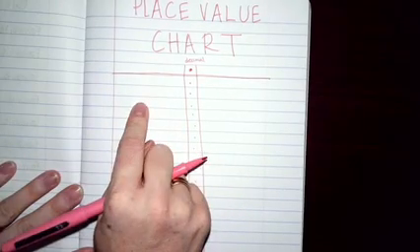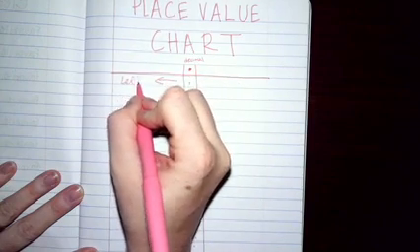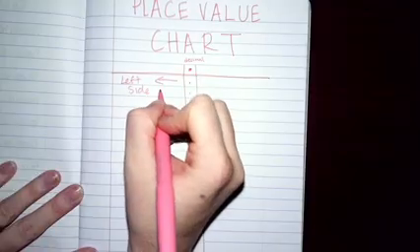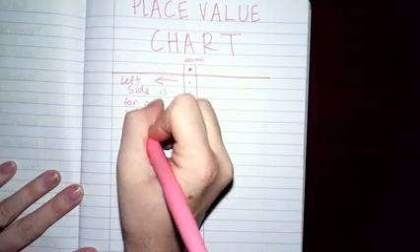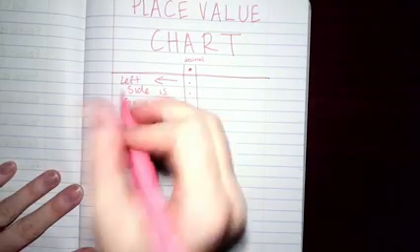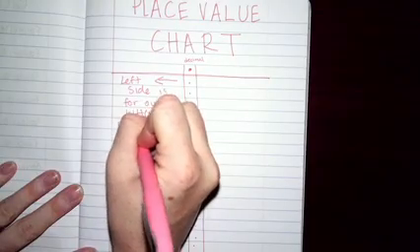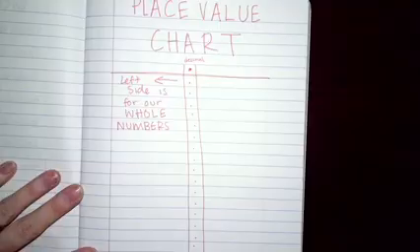On the left side of our decimal is for our wholes. These are where the whole numbers go. All right? And remember, you can pause this at any time, right? You don't have to go at my speed.